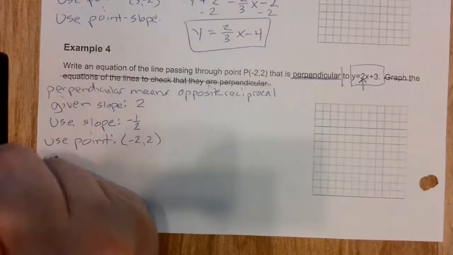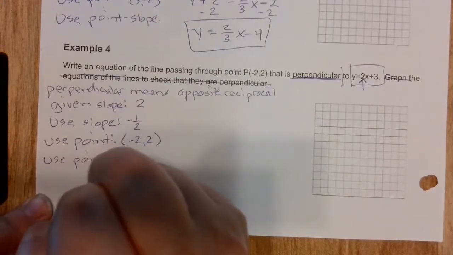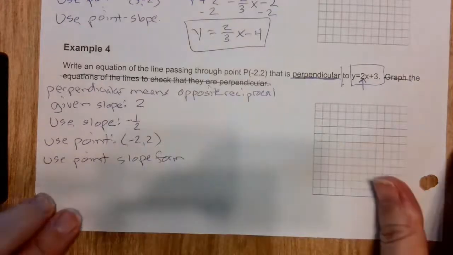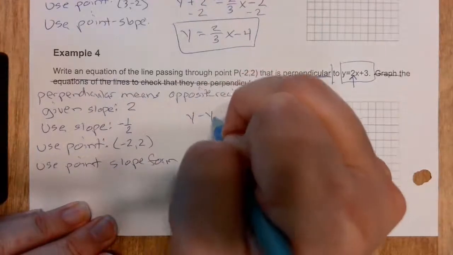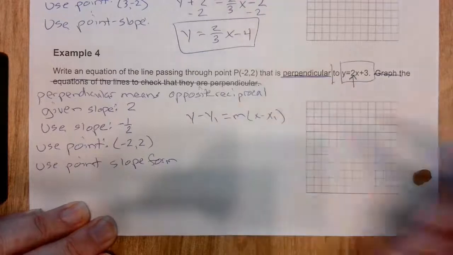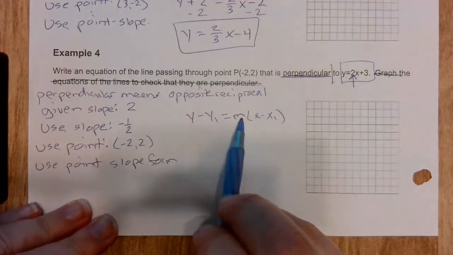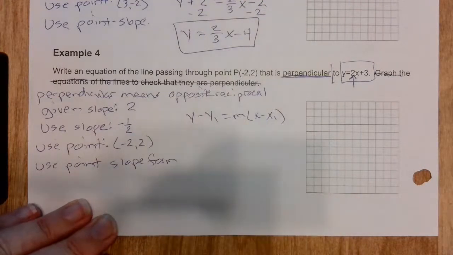And then we're going to use point slope form. y minus y1 equals m parenthesis x minus x1. And we're going to fill in the slope where m goes, and the point is x1, y1.